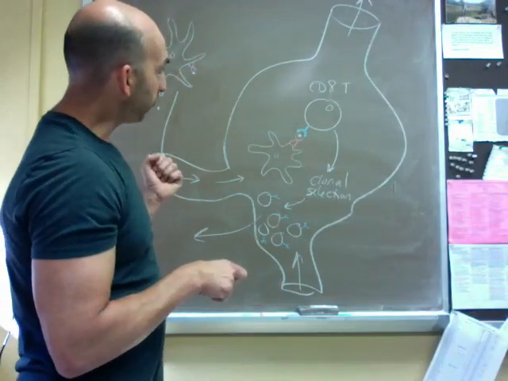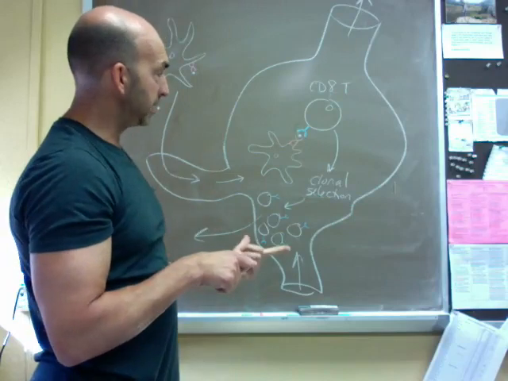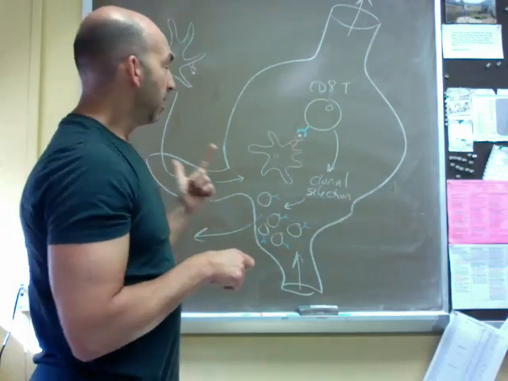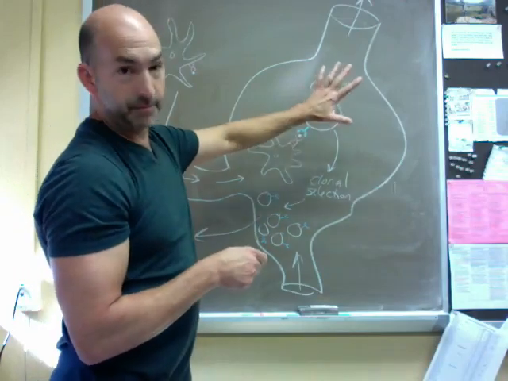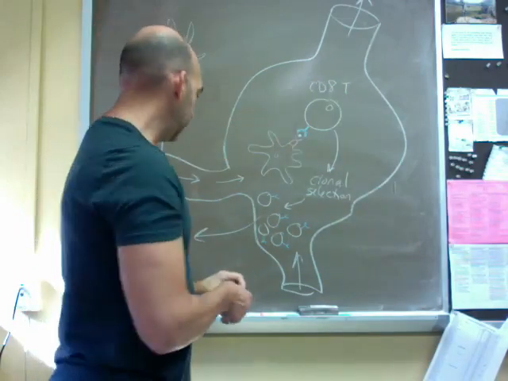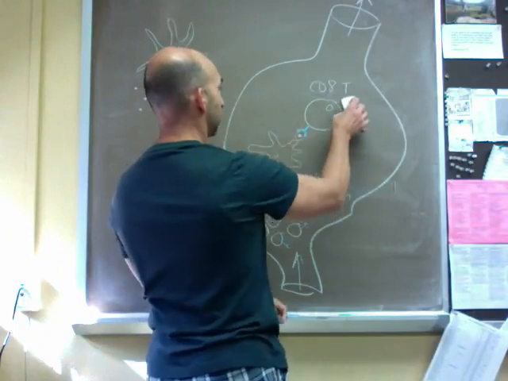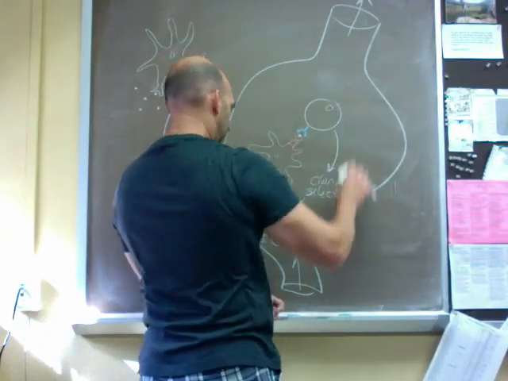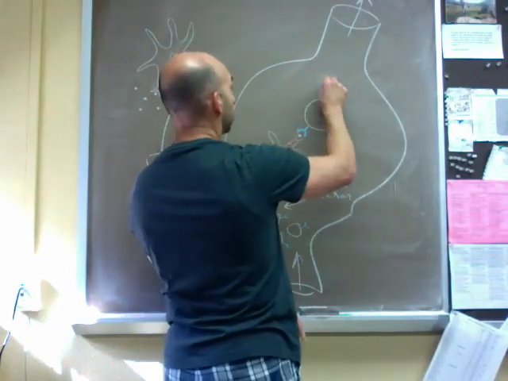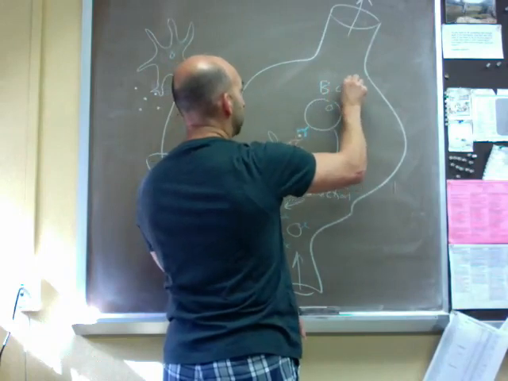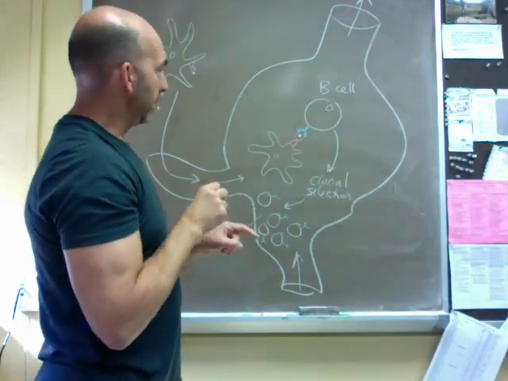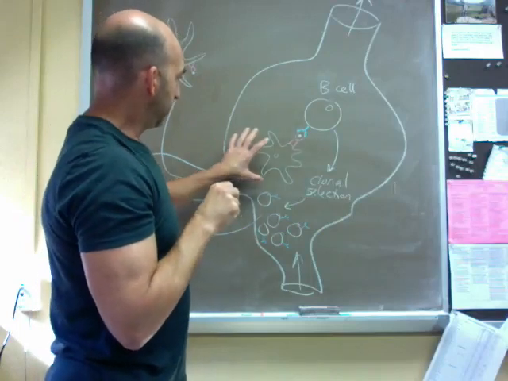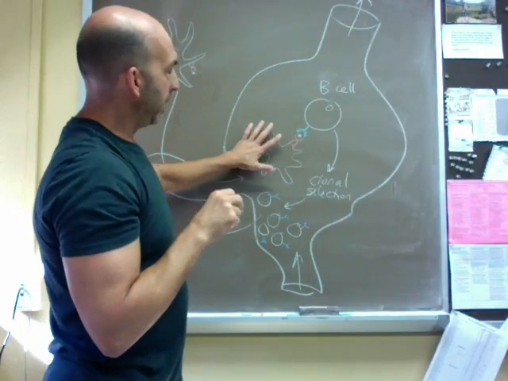Okay, so we've got our CD4s and our CD8s. What about the B cells? Well, the B cells have receptors similar to the CD4 cells, right? So now we're going to call this a B cell, right? And it's got a receptor. But now in this scenario, it's still going to require antigen presentation.